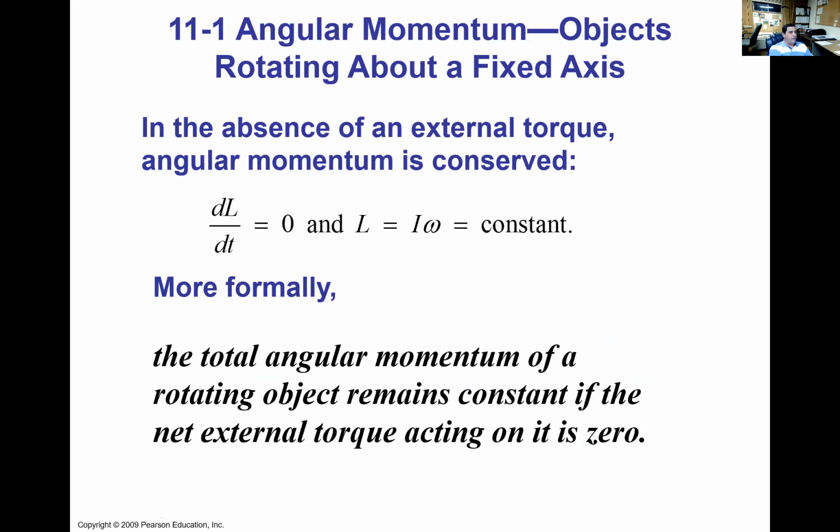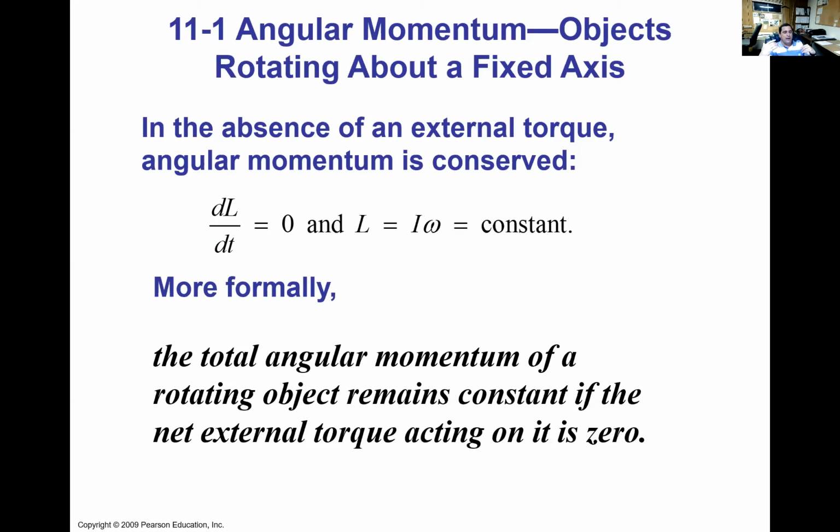Okay, so if there are no external torques acting on an object, angular momentum is conserved. If nothing is acting on it from the outside, angular momentum will be conserved. So the change in angular momentum with respect to time is going to be equal to 0. That would mean that angular momentum, which is equal to moment of inertia times angular velocity, is going to be constant.